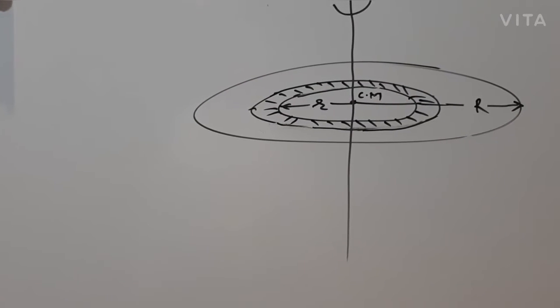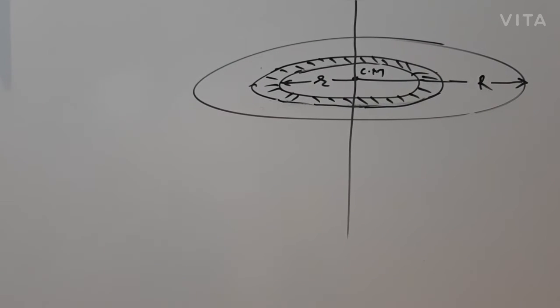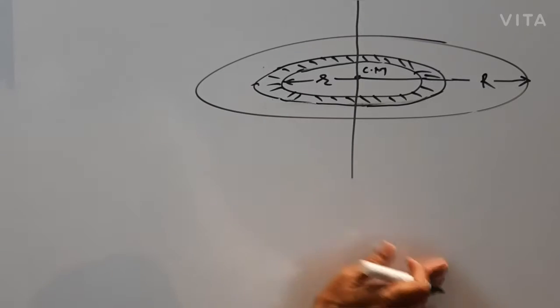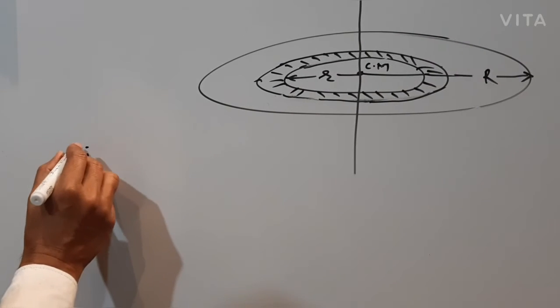Now after the diagram, we know that the third point is notation. So write down the third point.